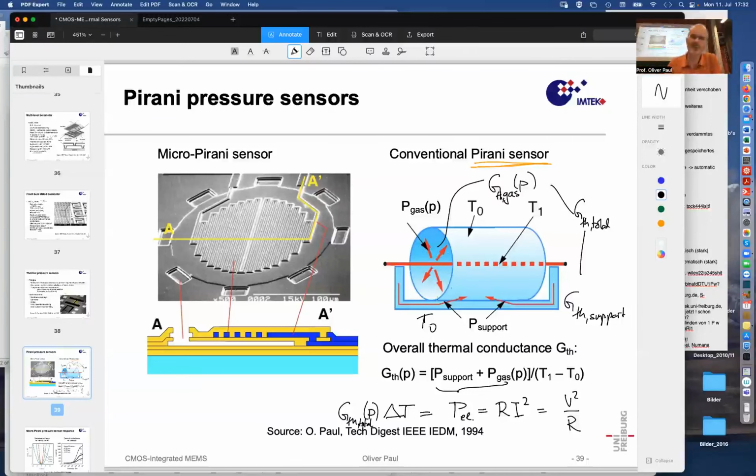And so how to transform this structure into a microsensor? Because the dimension of this sensor is, let's say typically, maybe 5 millimeter, 1 centimeter, something like that. And how to transform that into something that has only a dimension of 200 micrometers, like here? It's by making it flat.